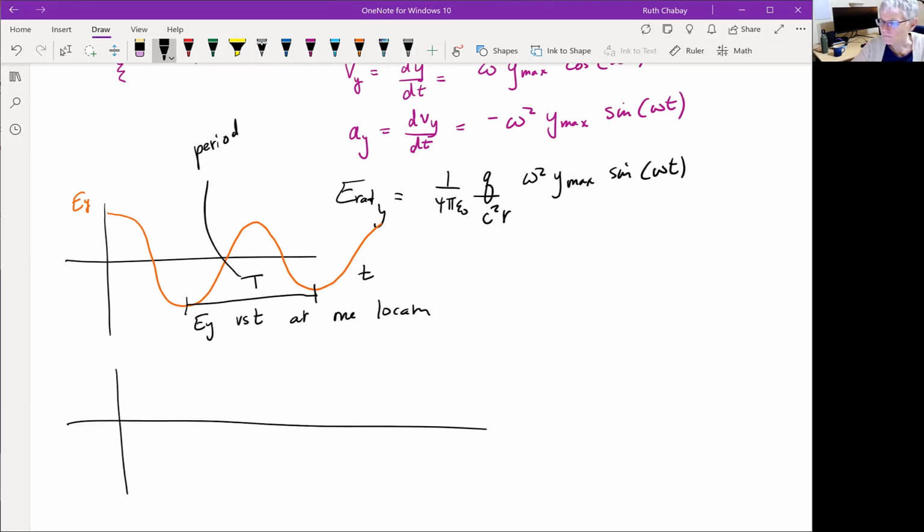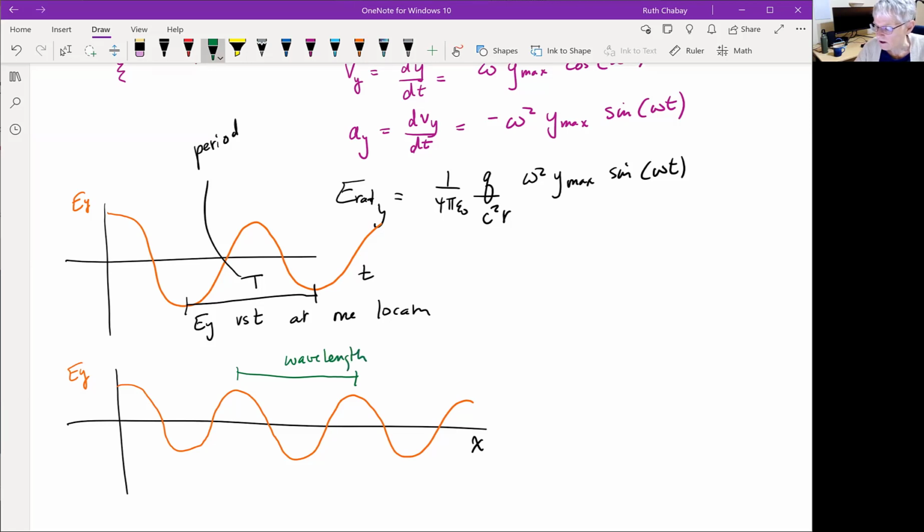If you plot E sub y versus x, this is a spatial plot now. We get this sinusoidally varying curve, and this distance between the peaks is called the wavelength.